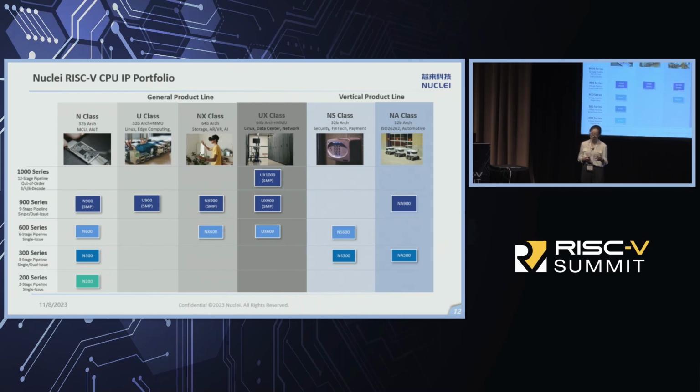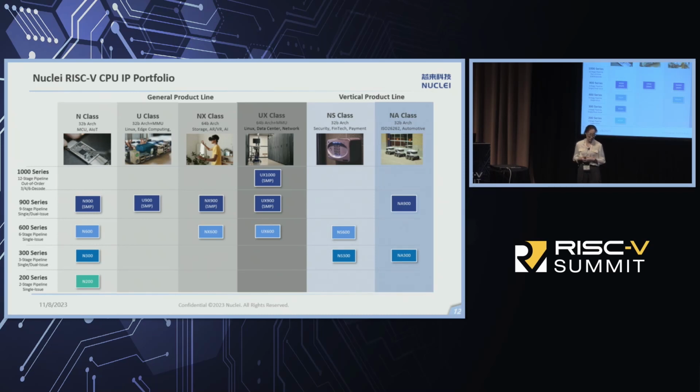It's a 9-stage pipeline with both single issue and dual issue implementations. Also, we support SMP multi-core with cache coherency and up to 16 cores in one cluster. So for the bare metal and the real-time, N and NX 900 is at a similar level as ARM Cortex-M7, M55, R8, R82.